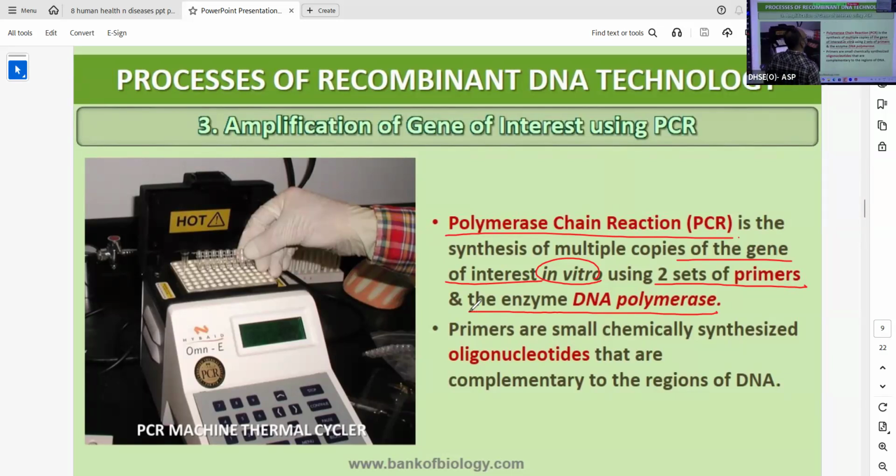Primers are small chemically synthesized oligonucleotides that are complementary to the regions of the DNA. The DNA we use as the vector has the gene of interest within it, and the primers are complementary to it, as a result of which they can easily match and we can easily insert.